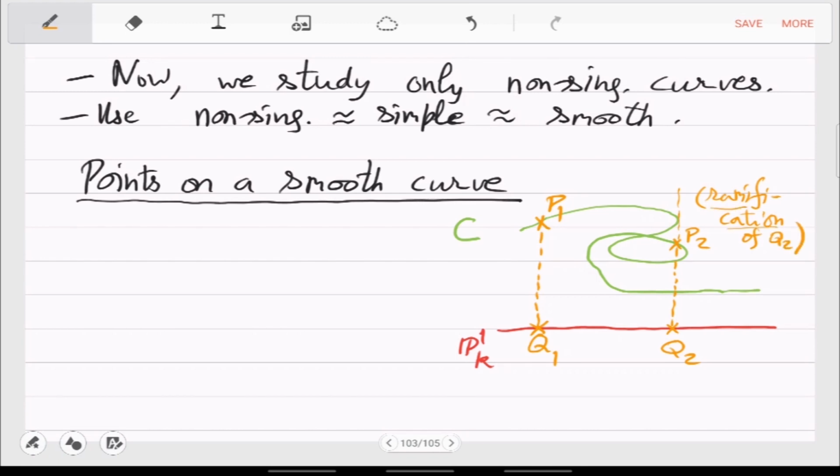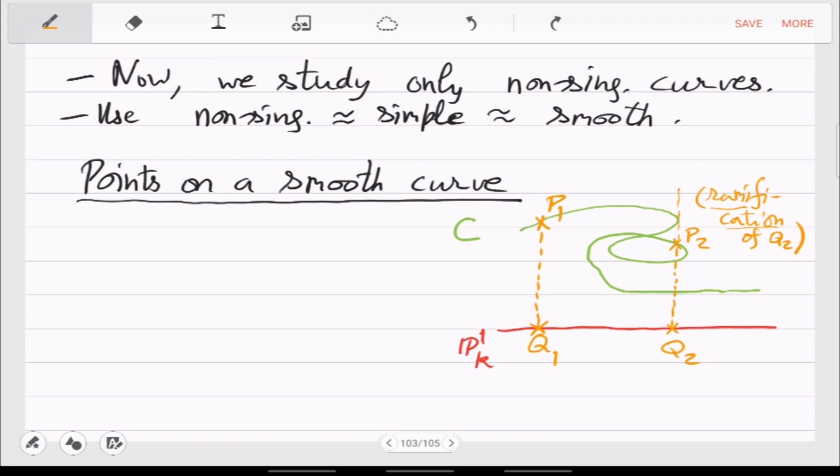So I will not define it except in this picture, that basically points on the affine line can have multiple associated points on the curve. This happens because, for example, in the case of y squared equal to x cubed, for a single x you have two y's, because you have two variables on the curve instead of a single variable.